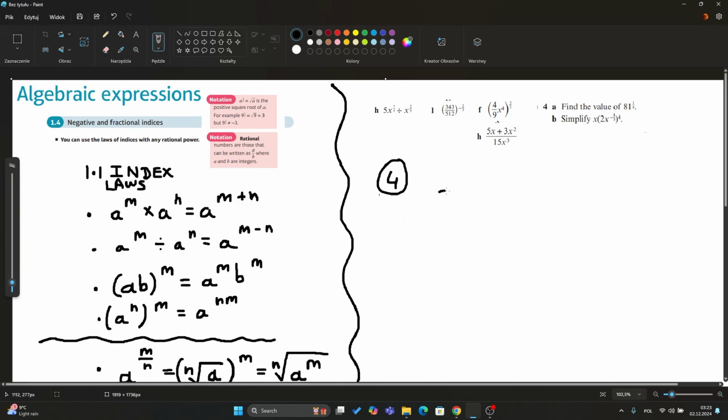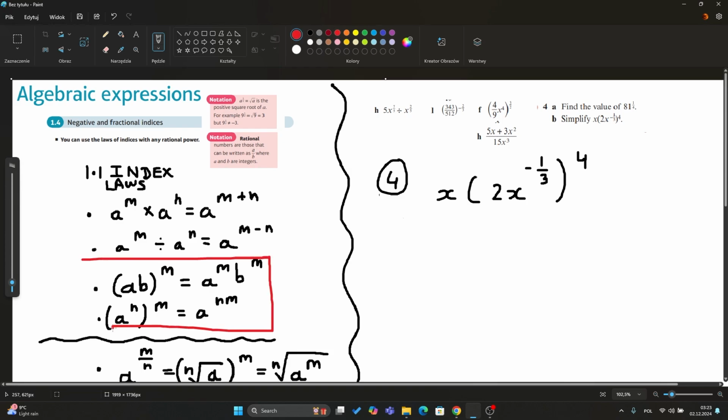And now simplifying x, and in brackets 2x to the power of minus 1/3 to the power of 4. First we're going to use these rules over here. So it's going to be 2 to the power 4 and x to the power of minus 1 over 3 times 4.